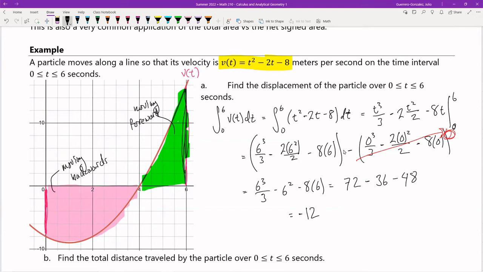We found the displacement. So the difference between, right? Oh, meters.